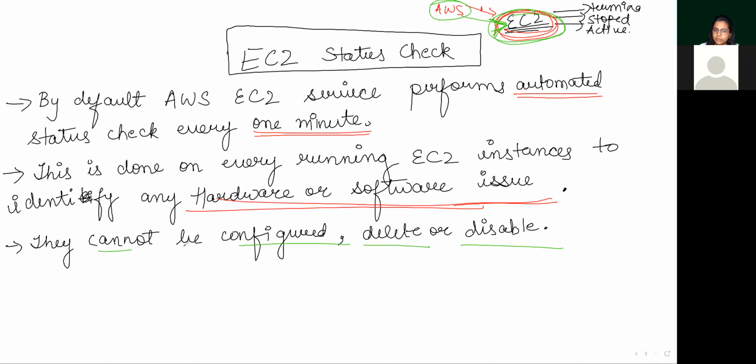So they cannot do it. They can just check the status, and if there is any problem, then they will send you a notification that your EC2 instance is having this problem. Either resolve it, or you can ask AWS to resolve it. Got it.